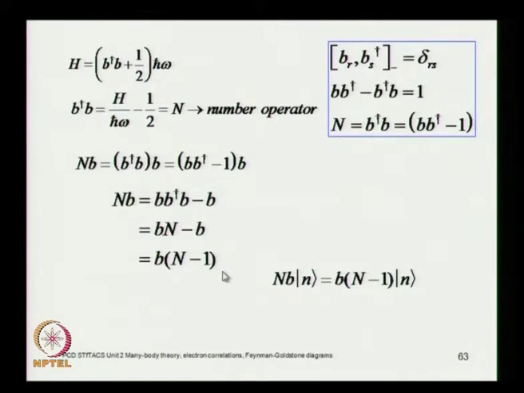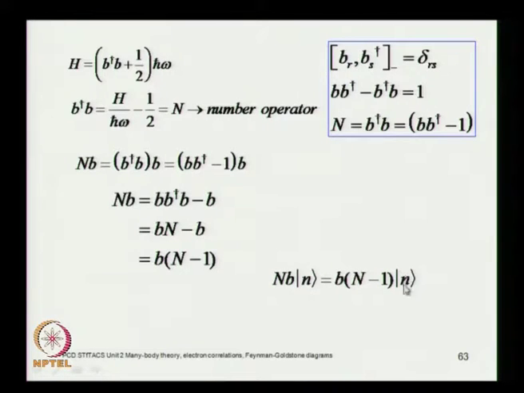Now, if you operate by n b on an occupation number ket, n is an occupation number ket, it is a vector in the occupation number space. Then, since n b is equal to b times n minus 1, you have effectively b times n minus 1 operating on n.